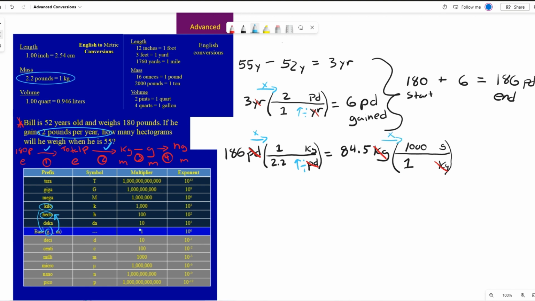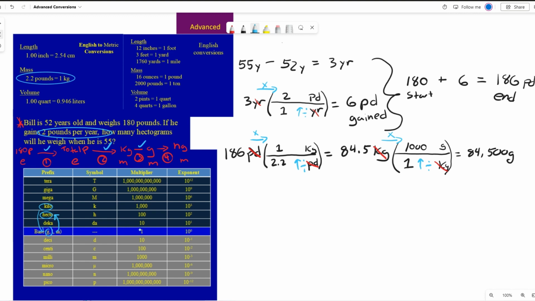We again multiply across and divide up. And when we do that, 84.5 times 1,000 divided by 1, we get 84,500 grams. We're still not done, but that's the step going from kilograms to grams.